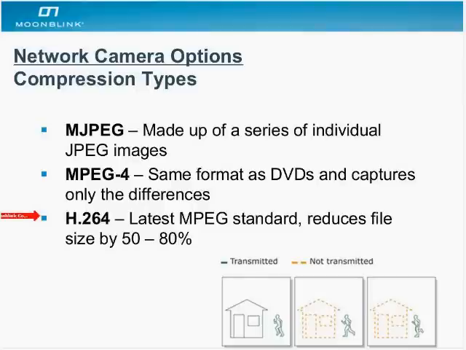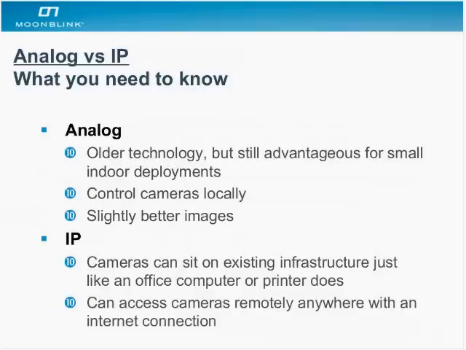So just moving to the next slide. When you're looking at the two types of technology, IP cameras versus analog, you need to know the differences. Analog is an older technology. It's mature, it's proven itself, and it works well. They've done studies, and it's still very advantageous to have these types of cameras for small indoor deployments. But when you deploy them on a large scale, they can get costly, though they do perform well.